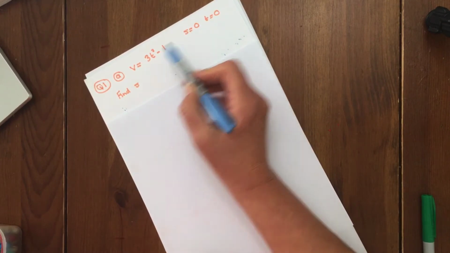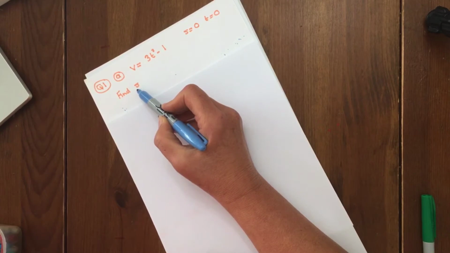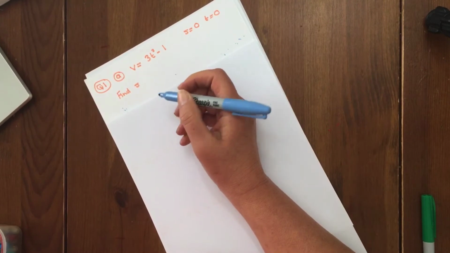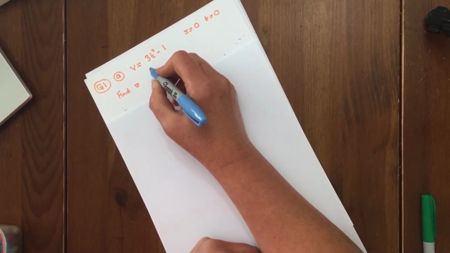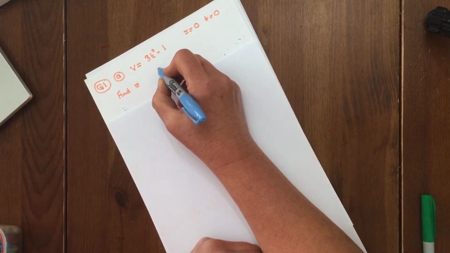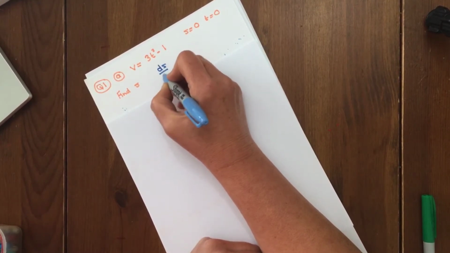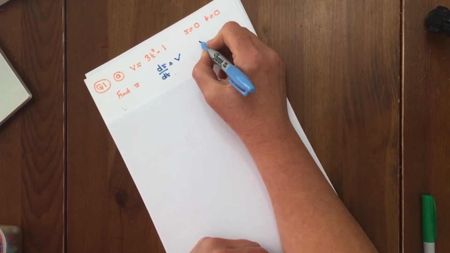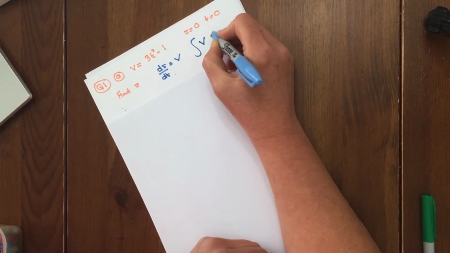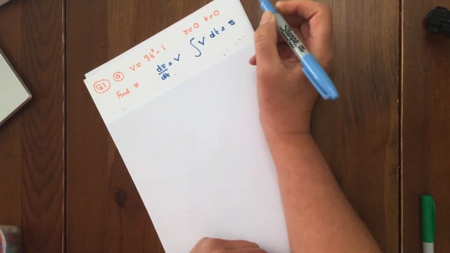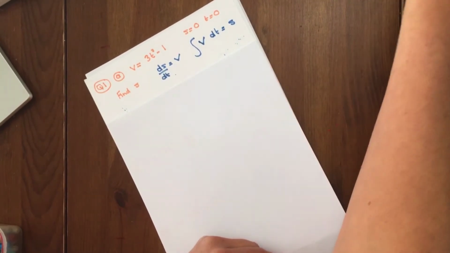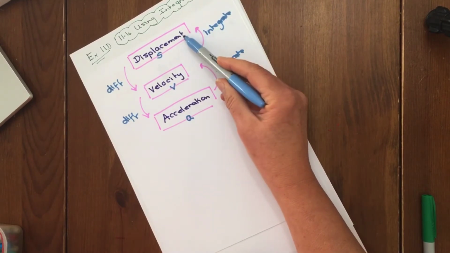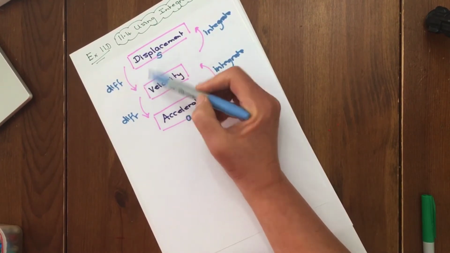It asks you to find s, an expression for the displacement moved. We know that ds over dt is equal to v, so the opposite is that if I integrate v with respect to time, I will get s. If I integrate v, I get displacement. If I differentiate displacement, I get velocity.